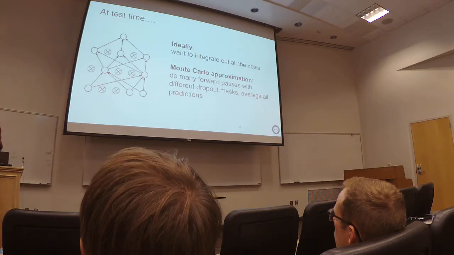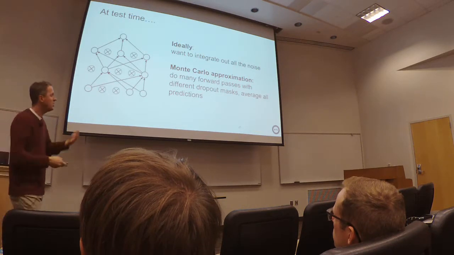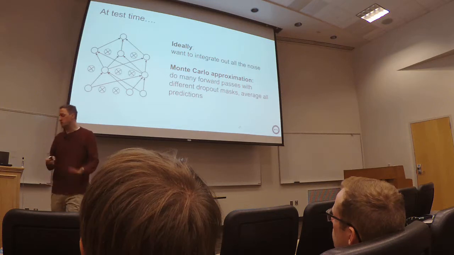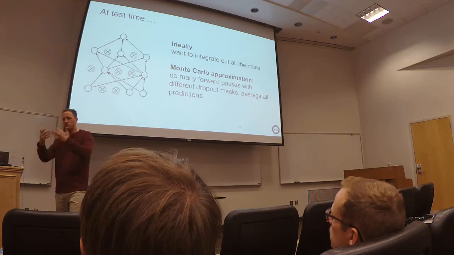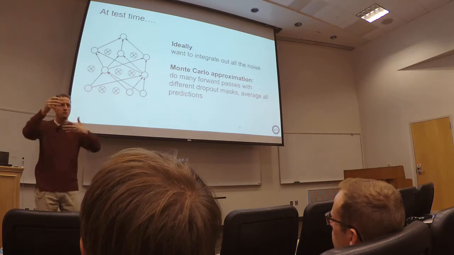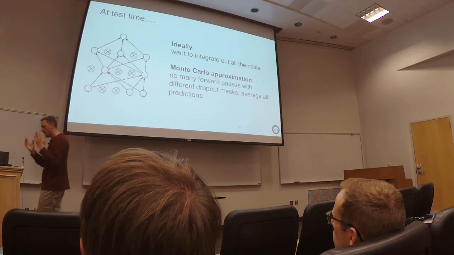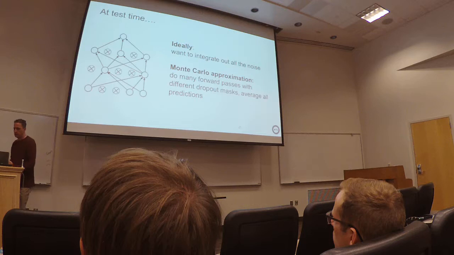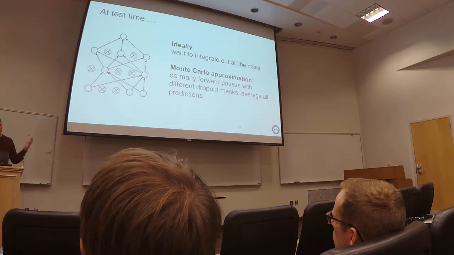Well, there's an exponentially large number of those, so we can't do it. You could imagine a Monte Carlo approximation where we sample a bunch of dropout masks, take our prediction through many dropped out networks, and then average the results together and call that our prediction. And in fact, this is what people do.